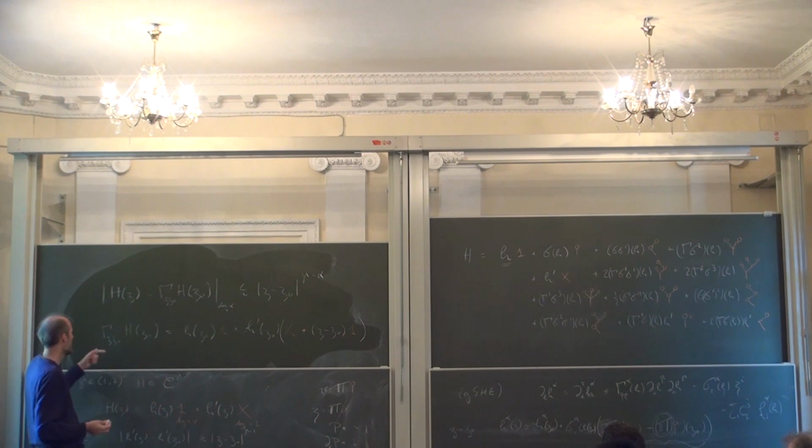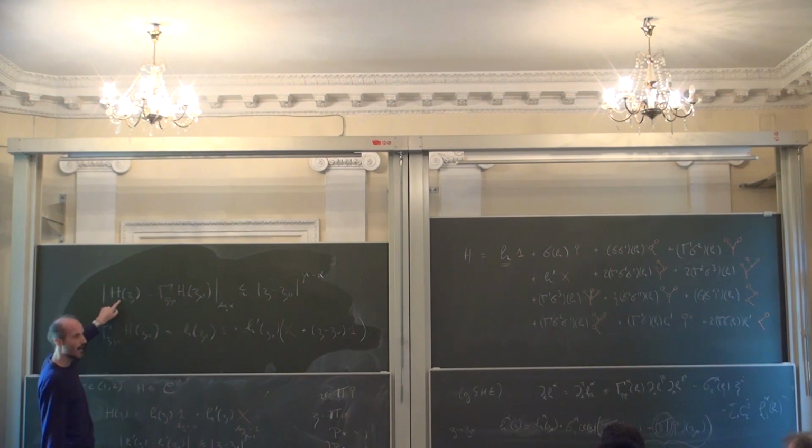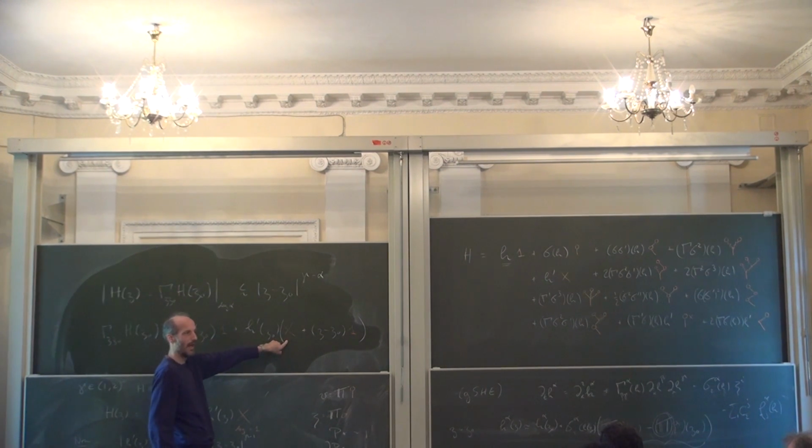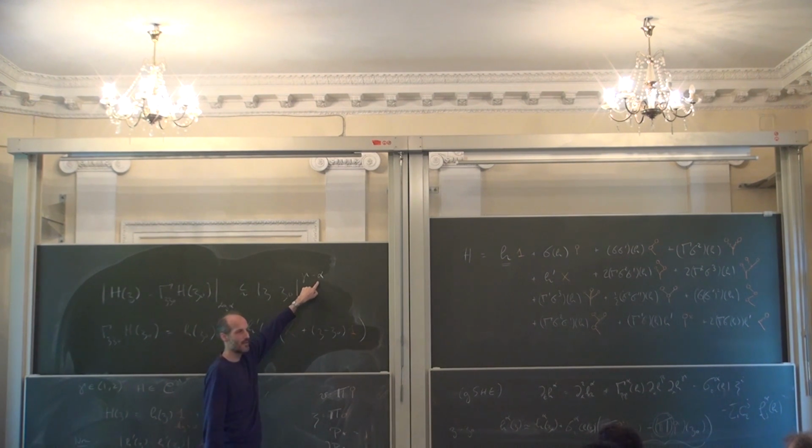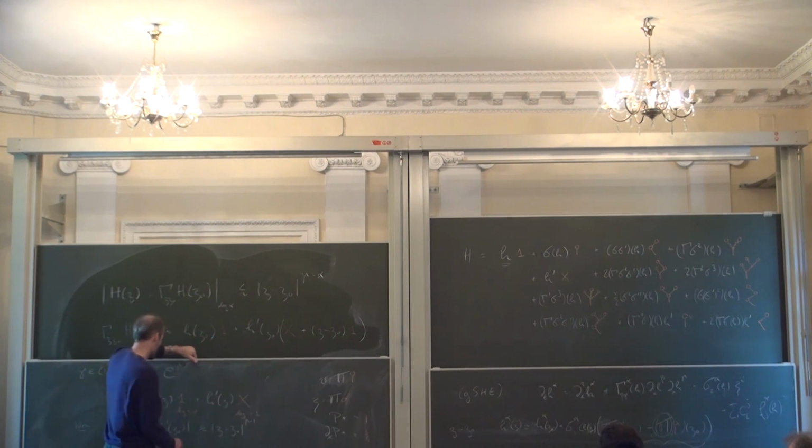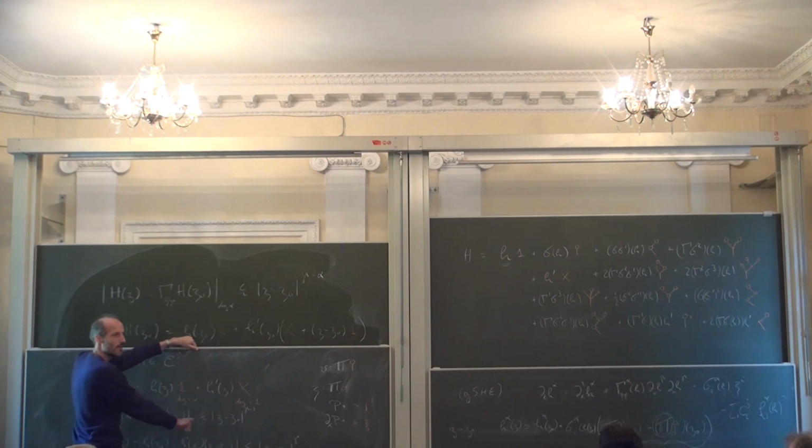Okay? And so now you see that if you compare h of z with h of z naught, well, if you compare the coefficients in front of x, you would just find h prime of z minus h prime of z naught, and you want this to be bounded by z minus z naught to the power gamma minus the degree of x, which was 1. And that's exactly this inequality here.